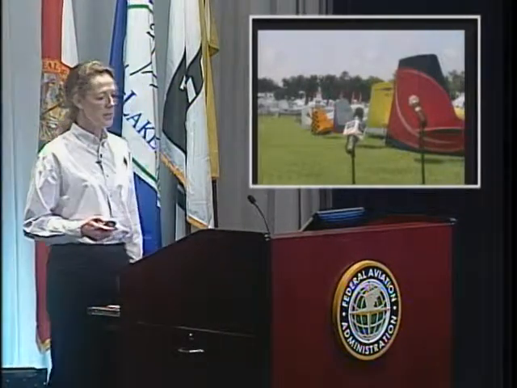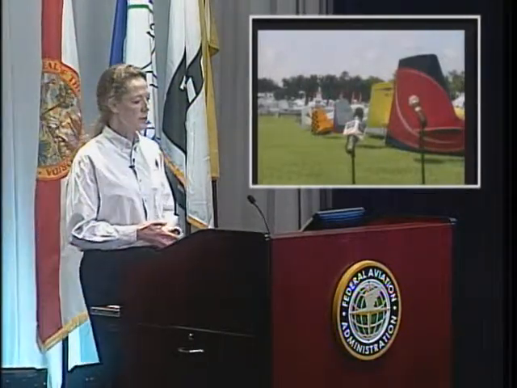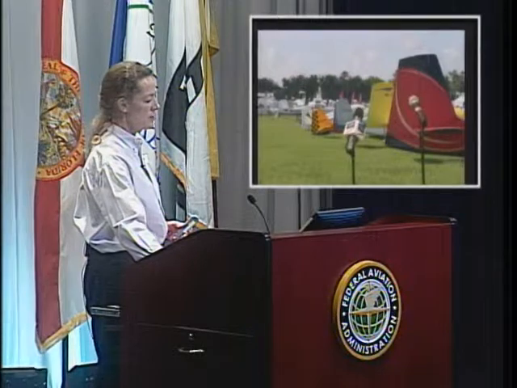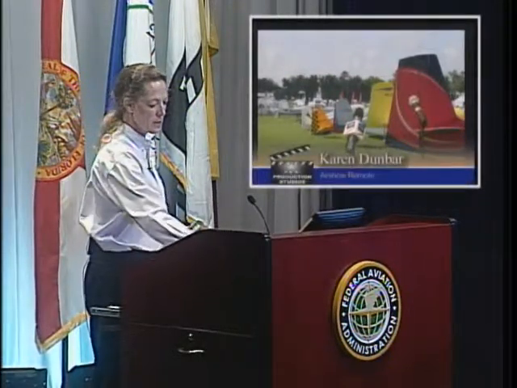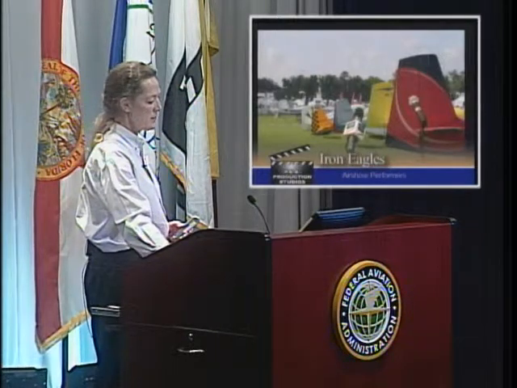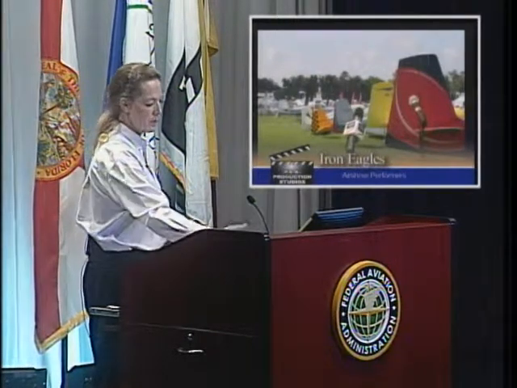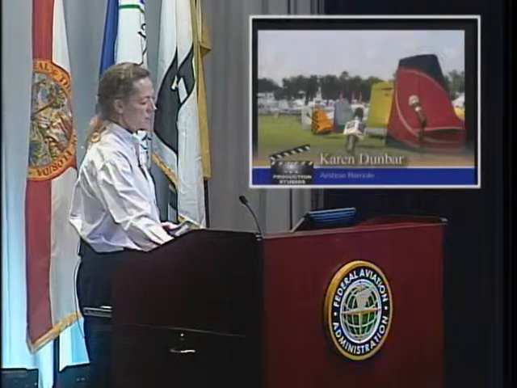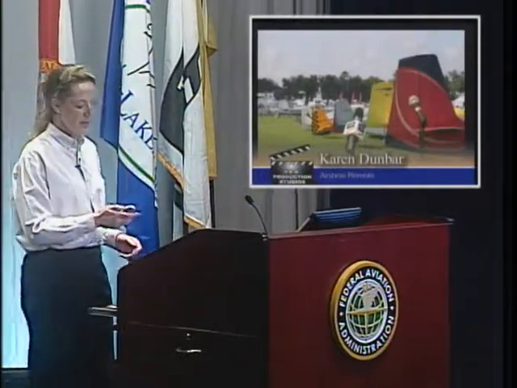A pilot deviation is an action of a pilot that results in the violation of a federal regulation or a North American Aerospace Defense tolerance. That is actually security airspace.